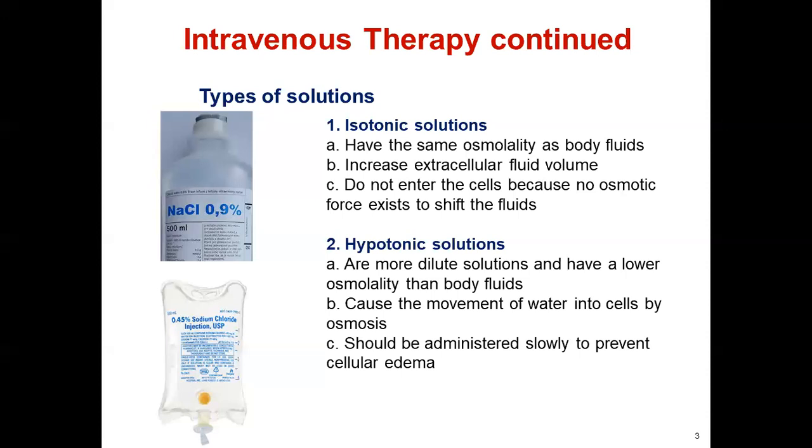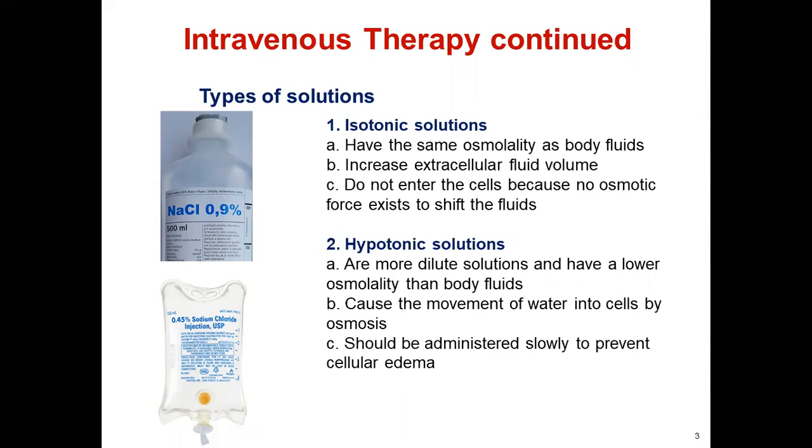Let me read it. Hypotonic solutions are more dilute solutions and have a lower osmolarity than body fluid, and cause the movement of water into the cell by osmosis, and should be administered slowly to prevent cellular edema, right?